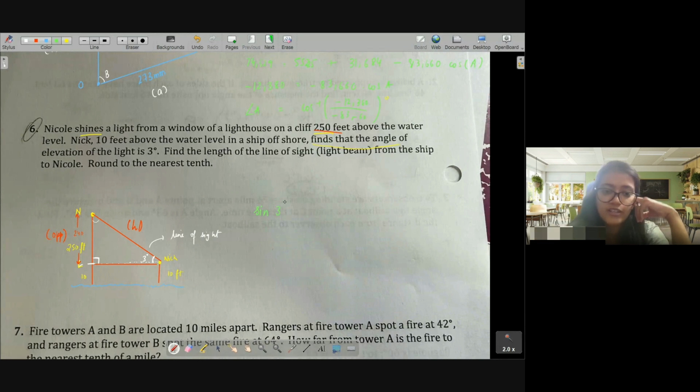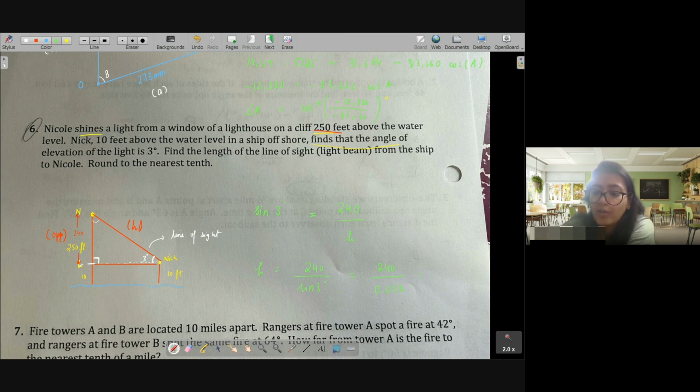Sine of 3 degrees is equal to opposite over hypotenuse, so 240 over hypotenuse. So the hypotenuse will be 240 over sine of 3. You can find sine of 3 degrees from a calculator. It is 0.052.